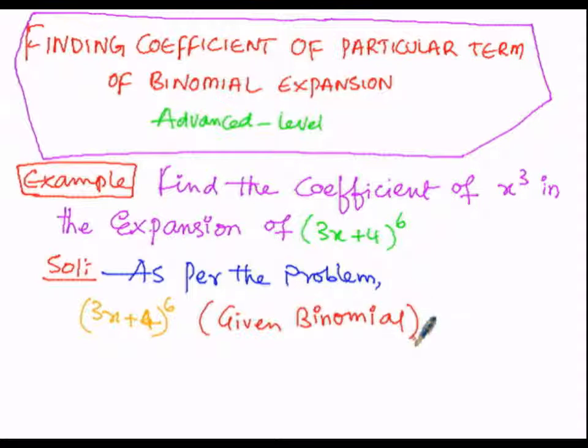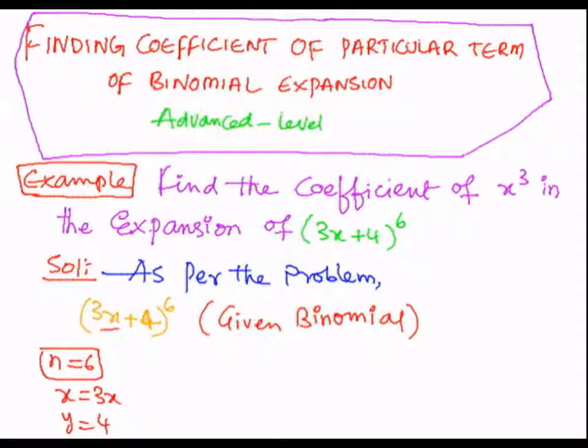In this given binomial, as per the binomial theorem, we can assume this exponent 6 as n, small n is equal to 6. Then we suppose x in the (x plus y) whole to the power of n as this 3x, and the y term as this 4.